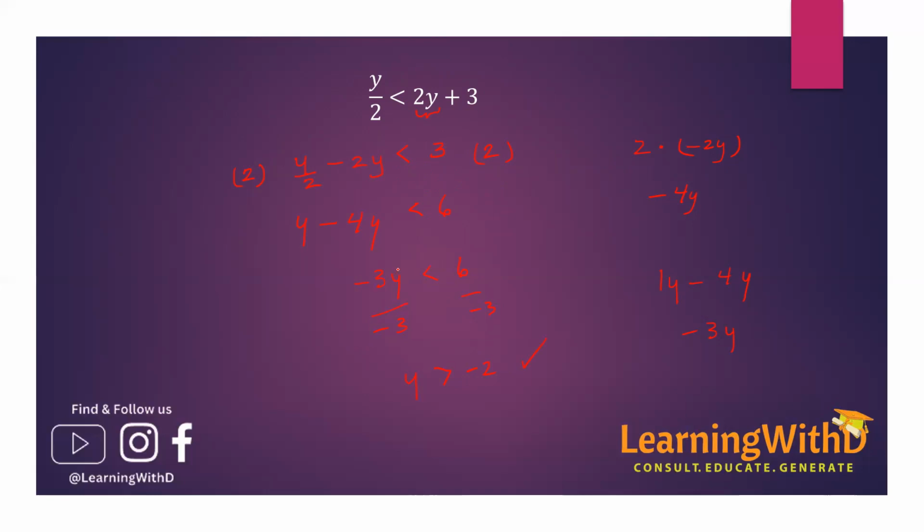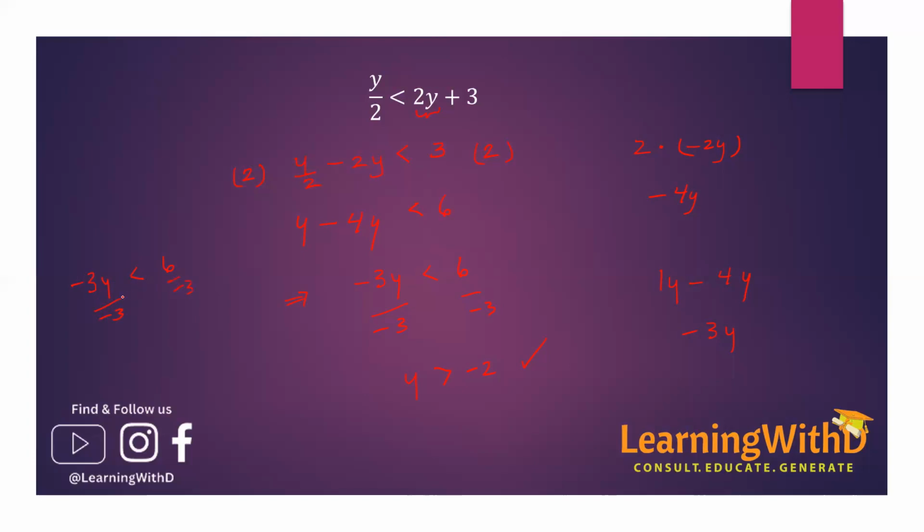Now let me go over that one more time. Let's go back a couple steps. When I was here at this point, I had minus 3. Let's put it over here. At minus 3y is less than 6. We want to divide both sides by minus 3 to get rid of this minus 3. So now I'm going to cross the inequality sign and divide by minus 3.